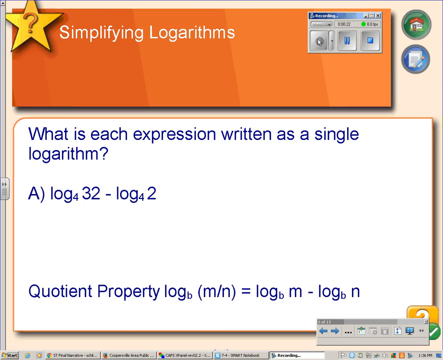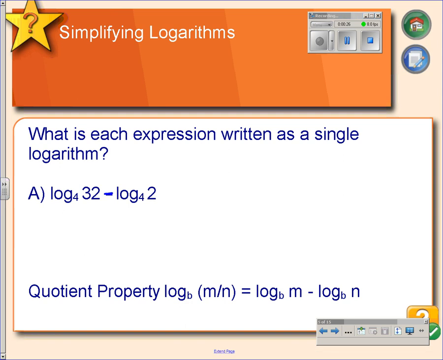So in this first example, you can see that we're subtracting 2 logs, and this is the quotient property of logarithms. So what we have here looks like this thing on the right, and what we want to do is condense it so it looks like this thing on the left.